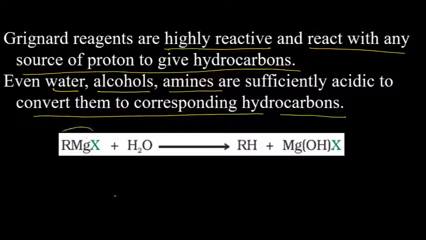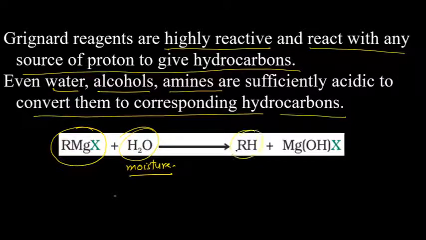Hence, when reactions with Grignard reagents are done, we normally use dry ether, because otherwise Grignard reagent reacts even with the moisture of air. So if there is moisture present in air, the Grignard reagent will react with that moisture, not with other compounds we want it to react to. So this is the reaction if Grignard reagent reacts with water. It produces hydrocarbons.